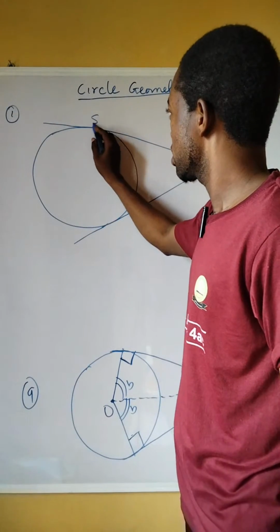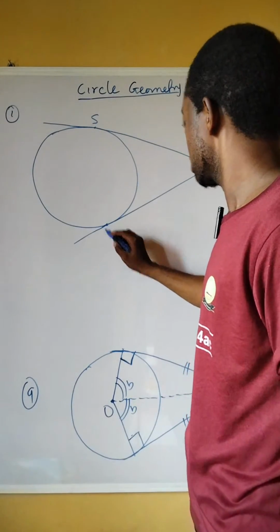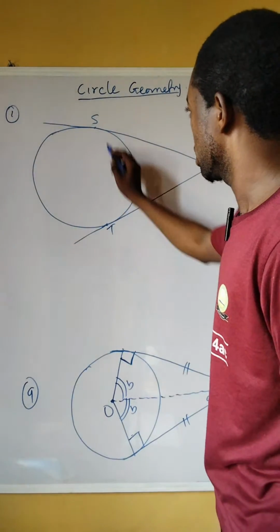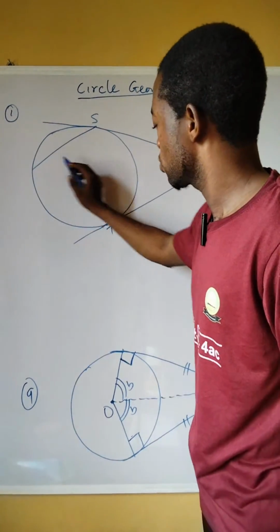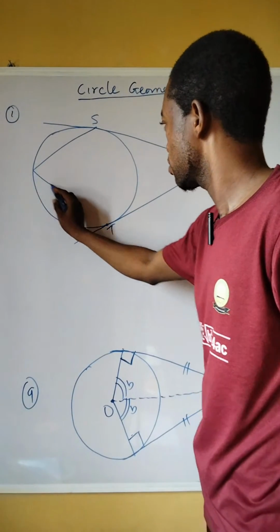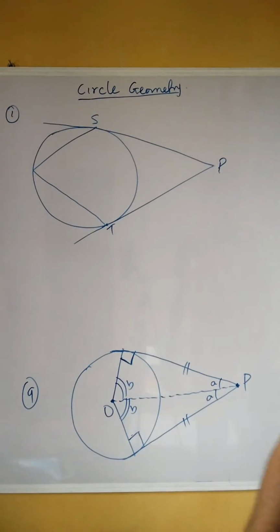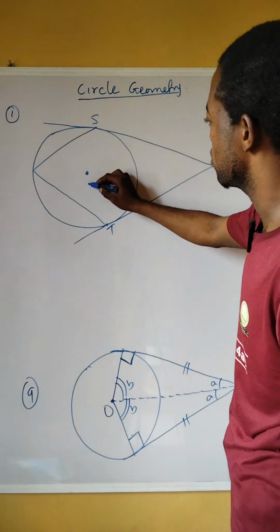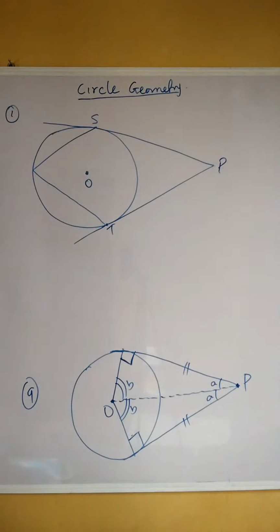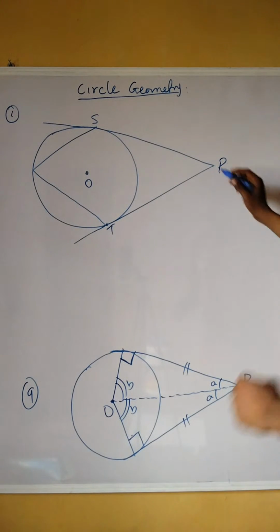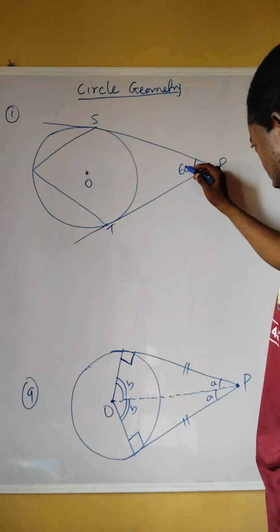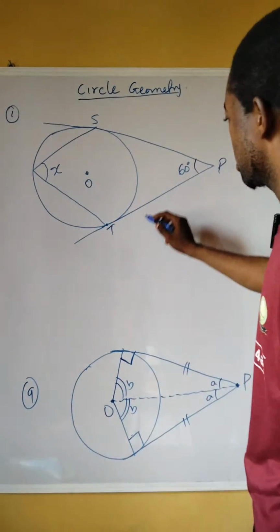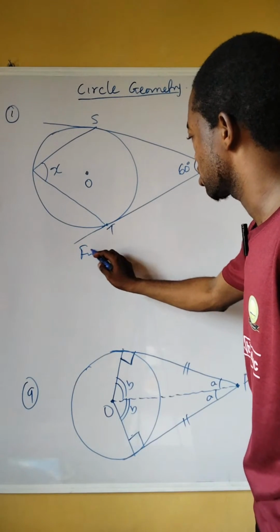This point of contact is labeled as X. This also is labeled as T. And an angle is formed here as well at the circumference of this circle. We are given the center O of the circle, and this angle at P here is 60, and here is labeled as X. So the question says find the value of X.